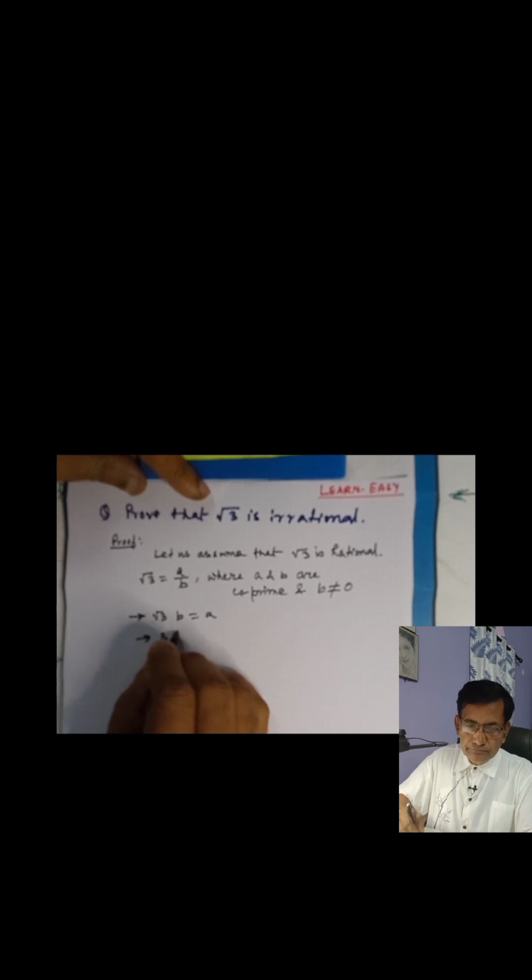From here, root 3 b is equal to a. Squaring both sides, 3b square is equal to a square, or it can be written as a square is equal to 3b square. Let it be equation number 1.